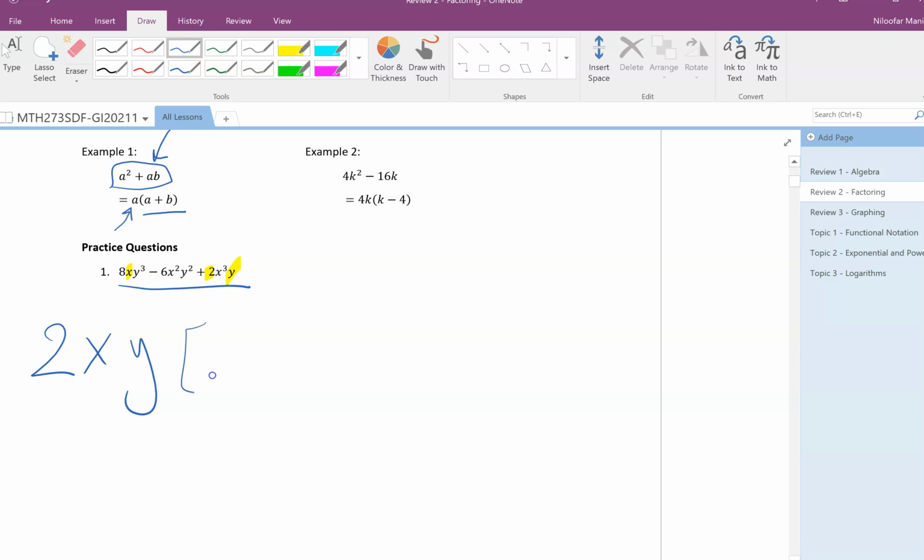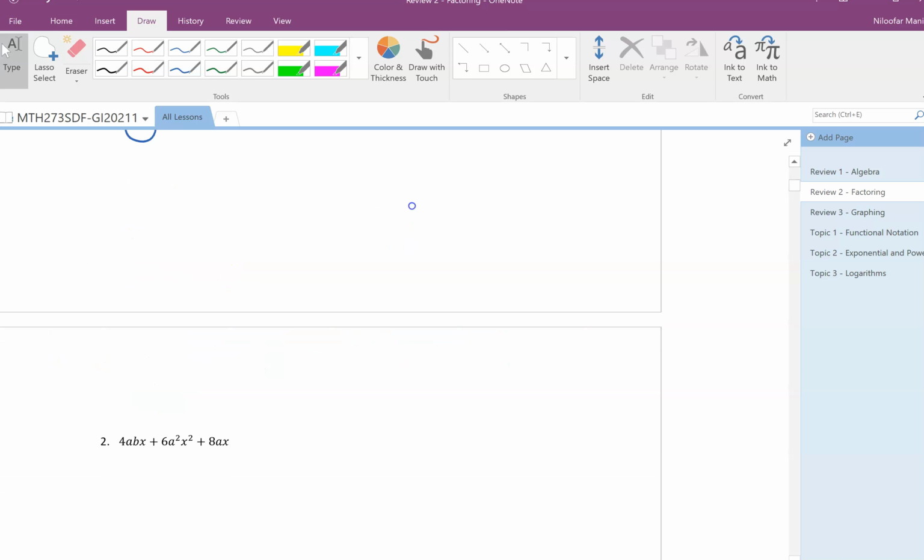So I factor. This is 4y squared minus 3xy plus x squared. Okay, so that's the answer here.